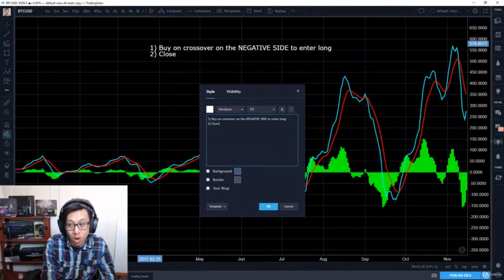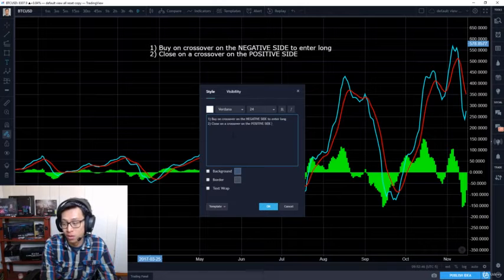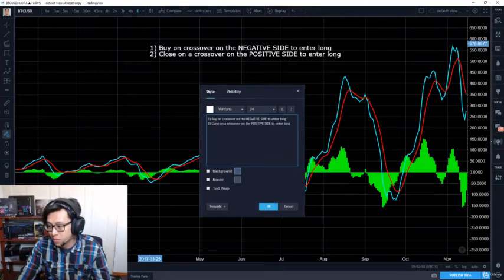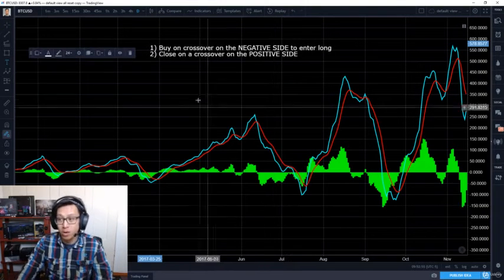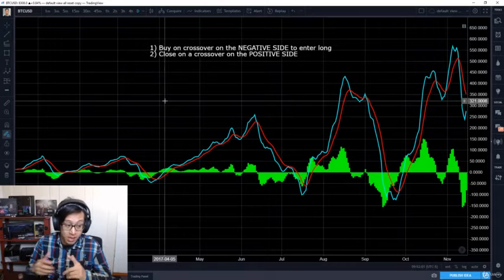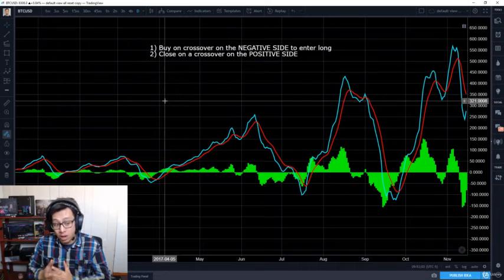Two, you close on a crossover on the positive side. Or sorry, to close, on the positive side. Yeah, that makes sense. So you buy on a crossover on the negative side to enter a long, and you close your position on a crossover on the positive side. That has to make a lot of sense, okay?